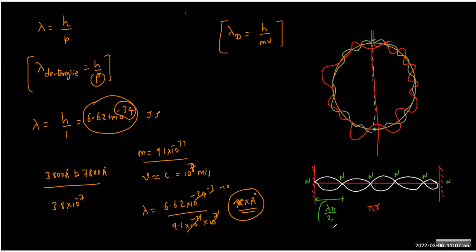And how many can we have? Depending on the excitation, it can be 1, 2, 3, 4. So it can be discrete, it can be n values. So in general, the de Broglie wavelength upon 2 multiplied by n must be equal to the pi r value. Is this clear?